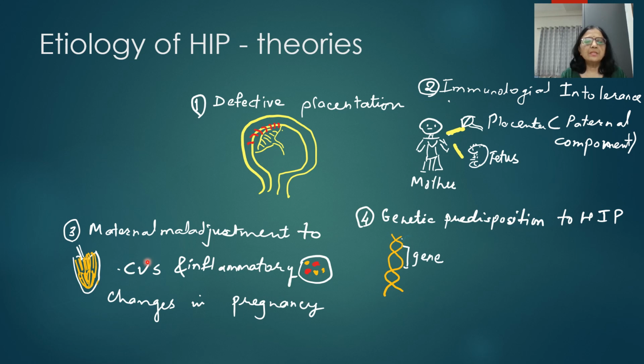Normal pregnancy has certain changes in the cardiovascular system and inflammatory changes are also there, but normally the mother's body adjusts to these changes. But if there is a maladjustment, it leads to the development of hypertension. The fourth is genetic predisposition.